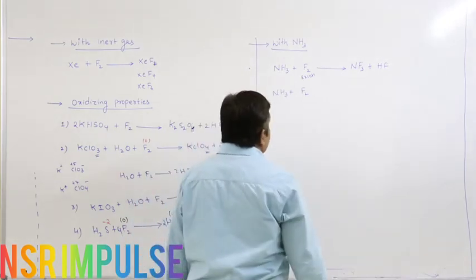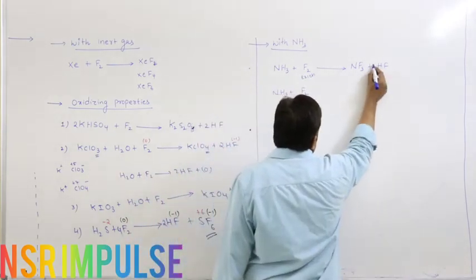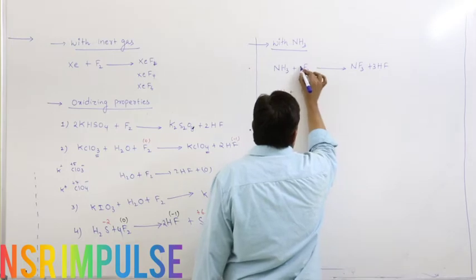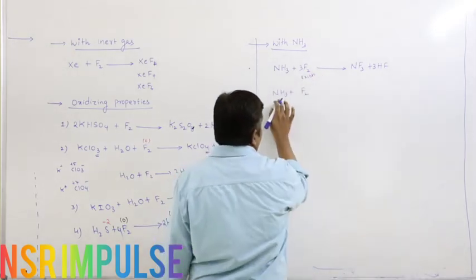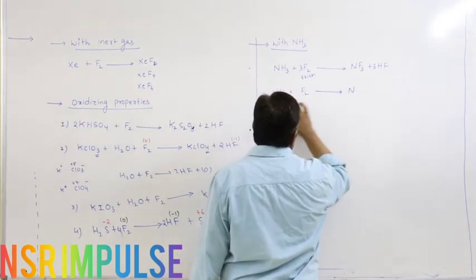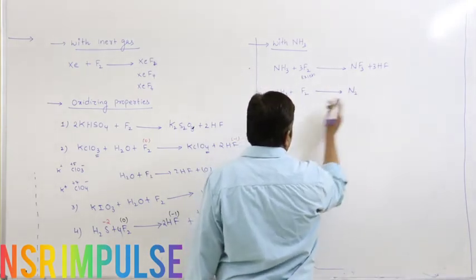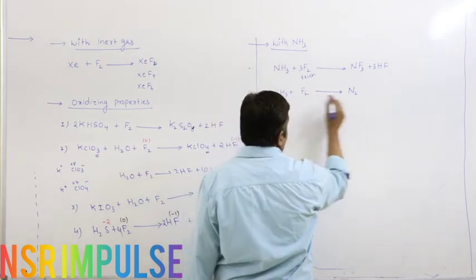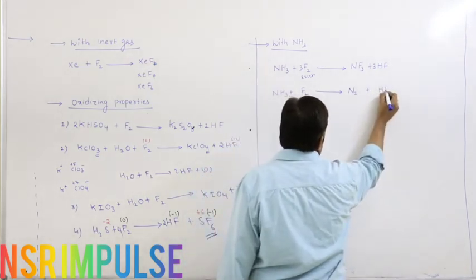So we have to balance this. You have 3 nitrogens, so 3 HF, 3 plus 3, 6. If ammonia is present in excess, then all the nitrogen cannot be oxidized. Fluorine is present in less quantity, so it will be converted into HF.